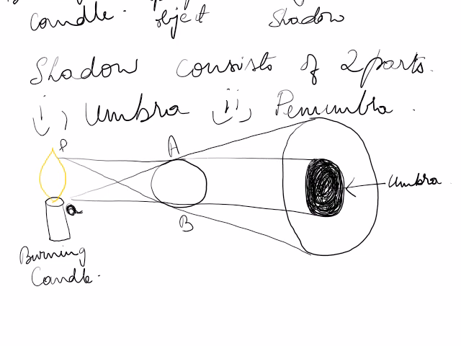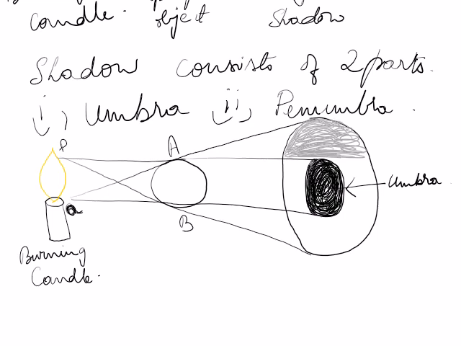Now this less dark part surrounding the central dark part, this whole region surrounding the central dark portion where the light reaches partially.